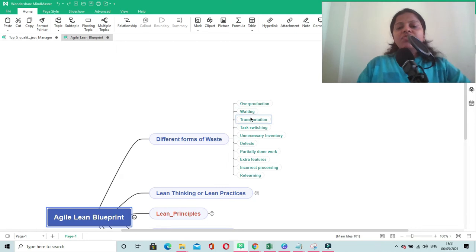The second form of waste is waiting. There should not be any waiting window between the processes. That was implemented in the manufacturing industry. The same applies to software development also.